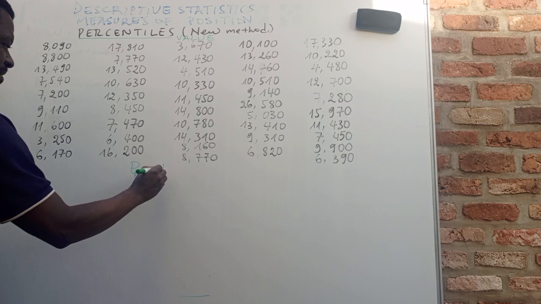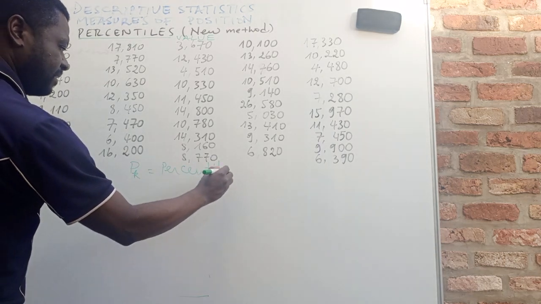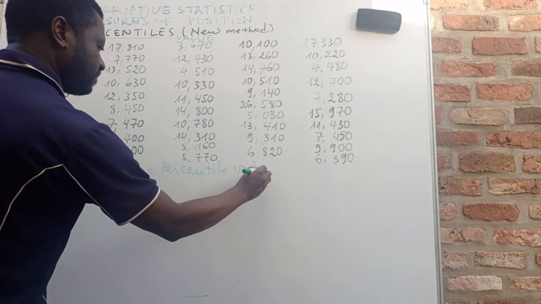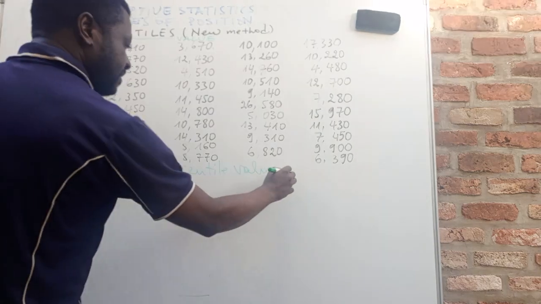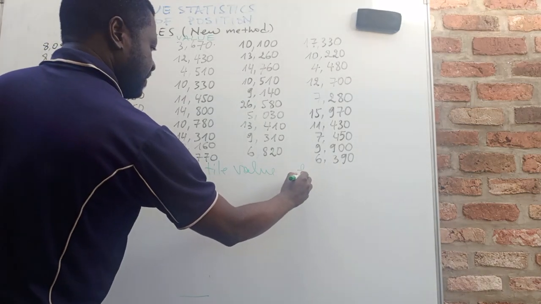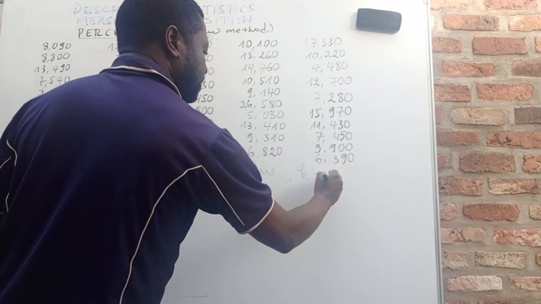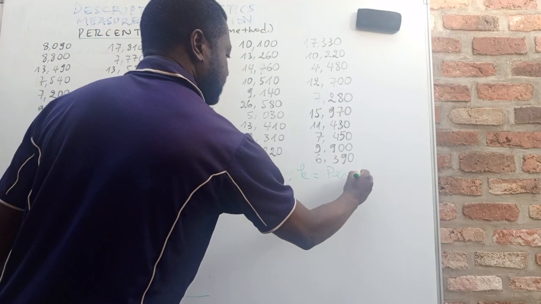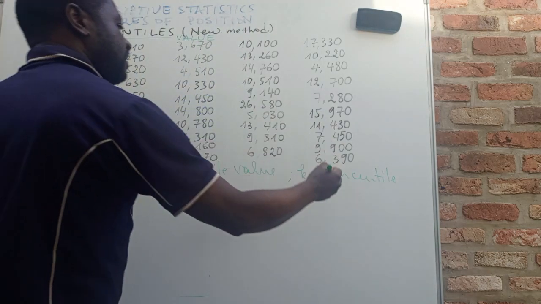This is the percentile value, and the index here is k. It is normally called the percentile order or rank.